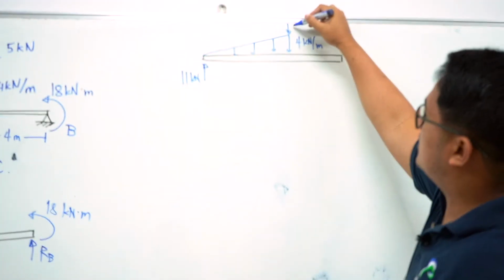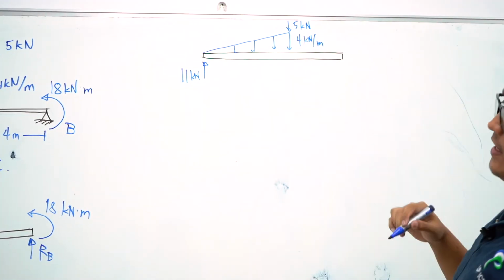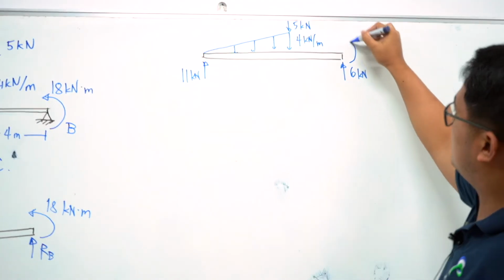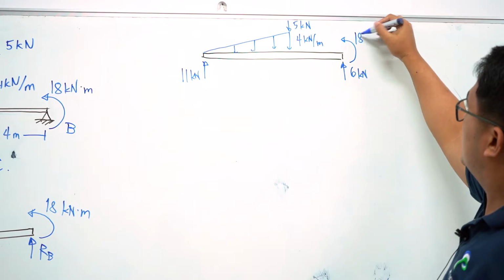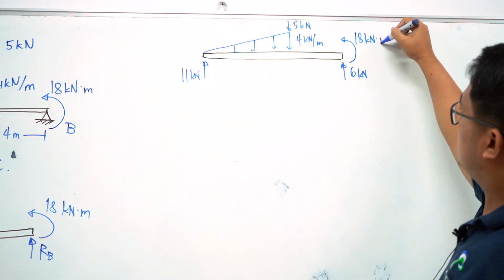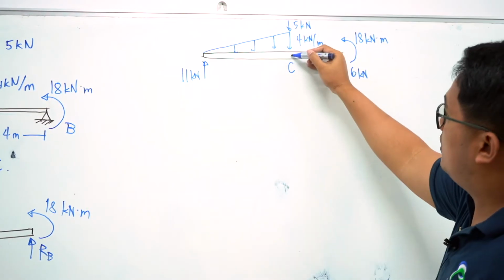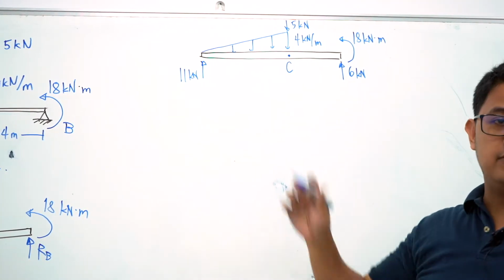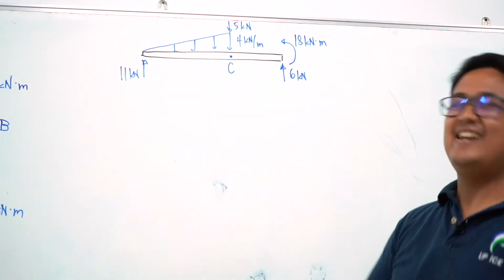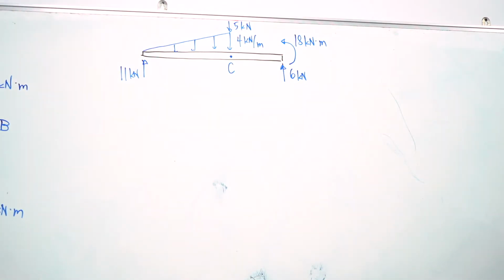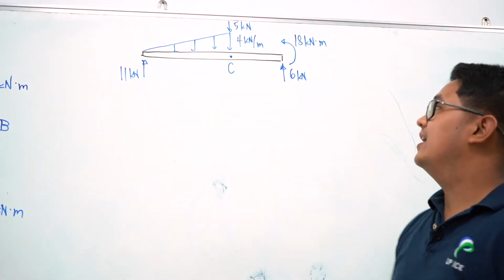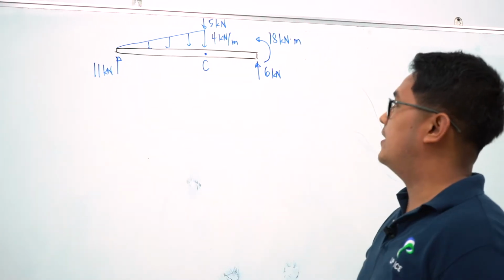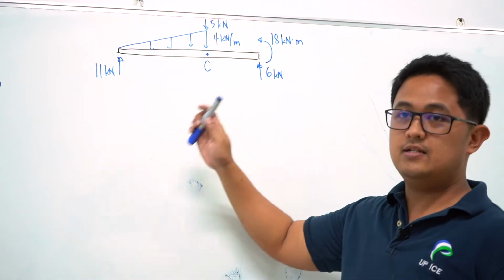Then the concentrated force, 5 kilonewtons. This is 6 kilonewtons, and we have the concentrated moment, 18 kilonewton meter. Okay? So, in drawing the moment diagram by parts, you can freely select the reference section. It's based on what you want, okay? But for this specific example, I'll put our reference section at point C.